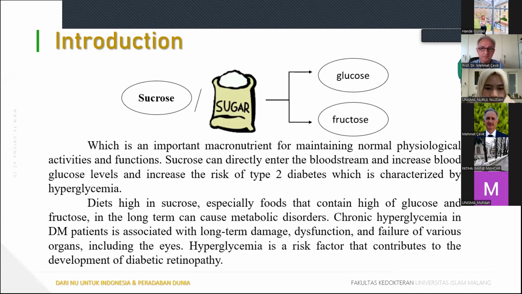A diet high in sucrose, especially foods that contain high glucose and fructose, in the long term can cause metabolic disorders. Chronic hyperglycemia in DM patients is associated with long-term damage, dysfunction, and failure of various organs, including the eyes. Hyperglycemia is a risk factor that contributes to the development of diabetic retinopathy.